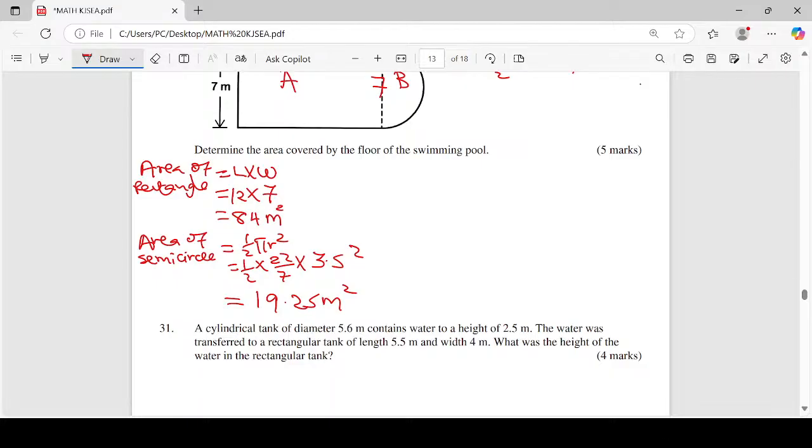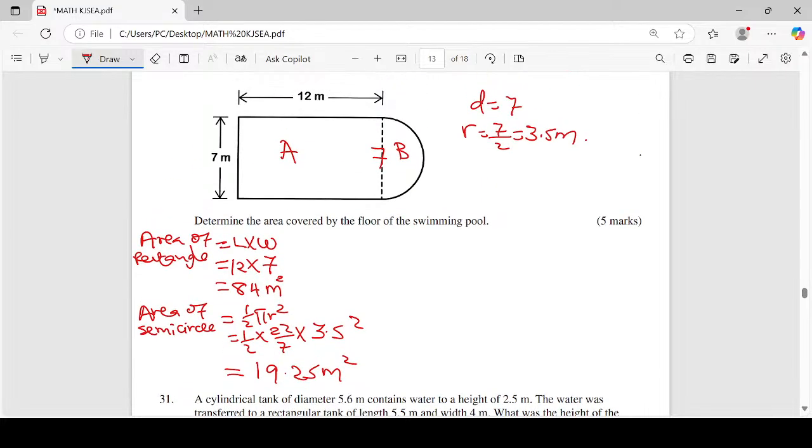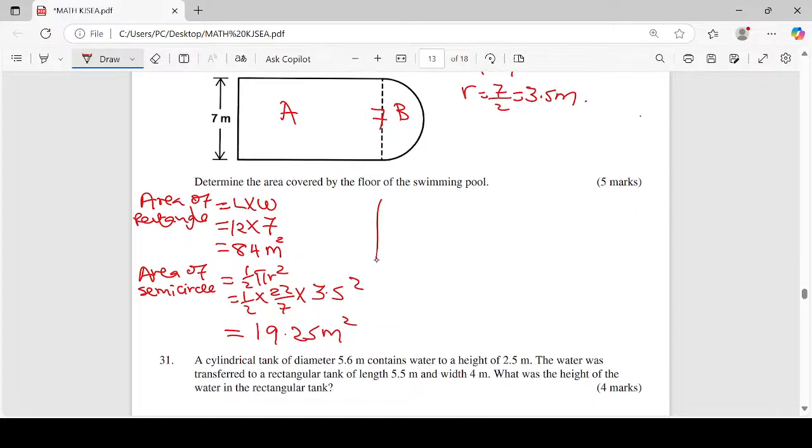Now the question says determine the area covered by the floor, meaning the total area.